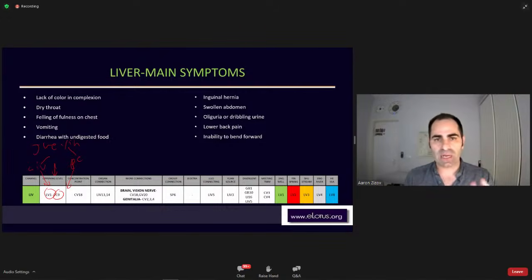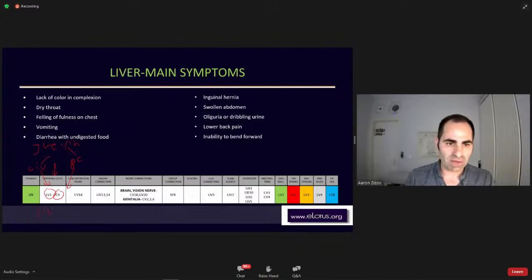Okay, so I was talking yesterday that this is like the basic structure of how to work with the channels, the way I work with the channels. And I also mentioned today, if it's too difficult or painful to use the Jing well points, we can use the source points.